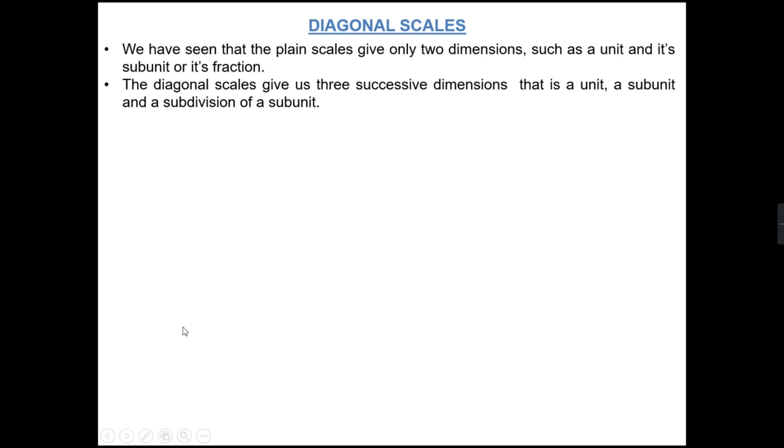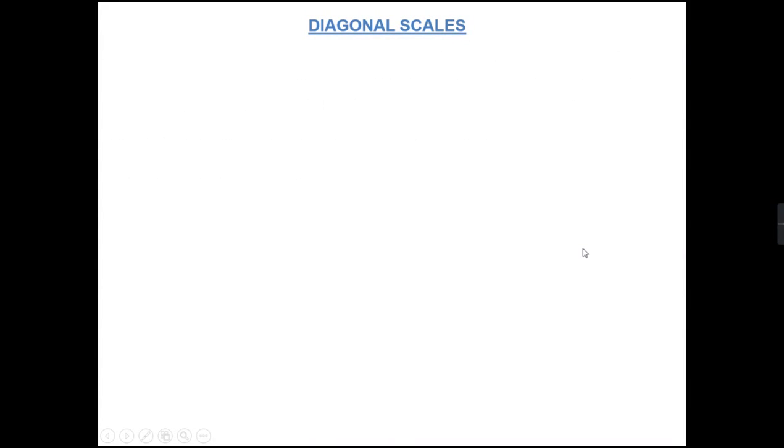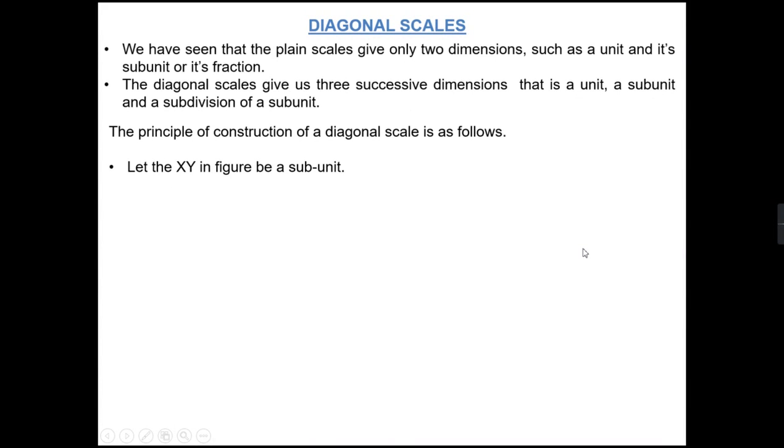Okay. So what is the principle of construction of a diagonal scale? To understand the principle of the diagonal scale, let draw the line xy as shown in the figure.